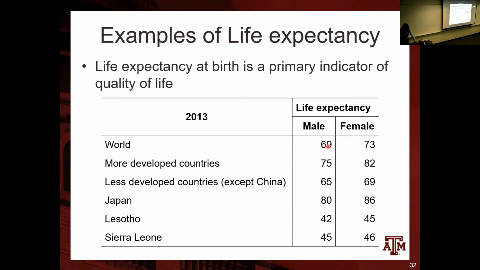And in all these countries, women live longer on average than men, right? 69, 73, all women here living longer than men. So whenever we do life tables, we break them down for specific countries. Life tables take into account the age-specific death rates, and we also break them down by sex. Okay?